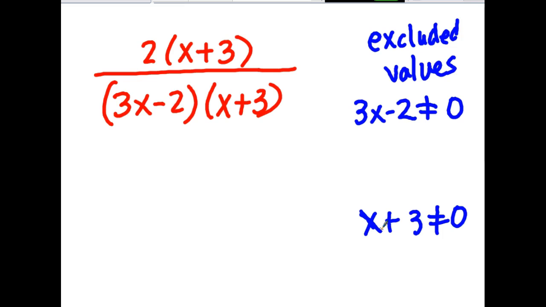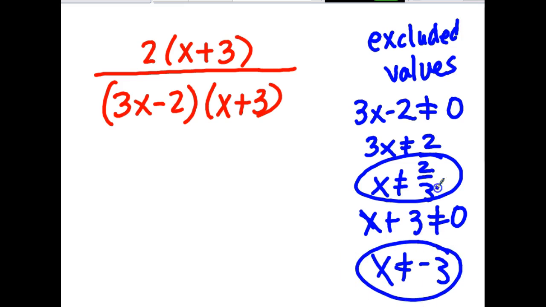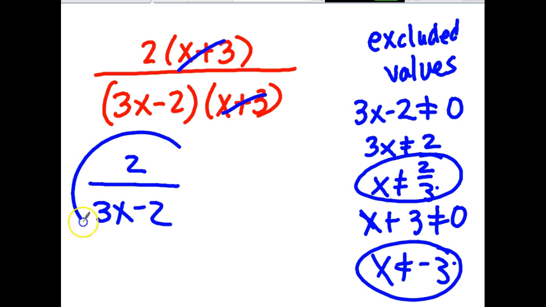If I solve this and add 2 to both sides, and divide by 3, the denominator cannot equal the fraction 2/3 or negative 3. Those are the excluded values. Cancel, cancel. Simplified answer.